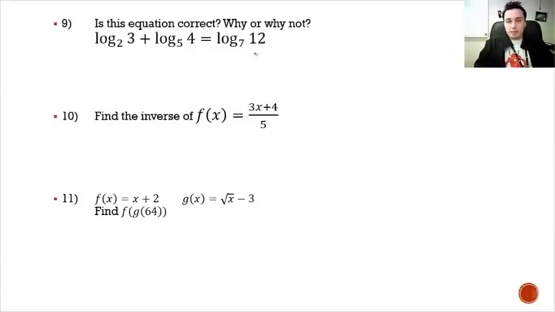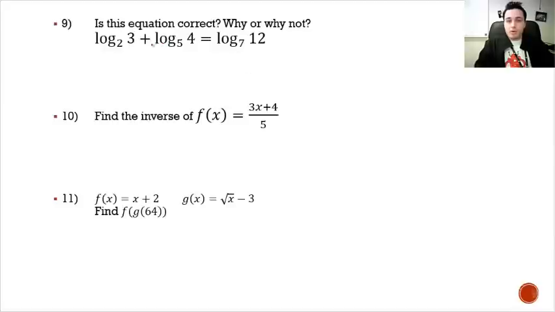But when we look at it a little bit closer, look at the bases. This is log base 2, this is log base 5, and this is log base 7. Nowhere ever have we said anything about the bases adding or subtracting or doing anything else. In fact, the reason why this equation is not correct is because the bases are not the same.